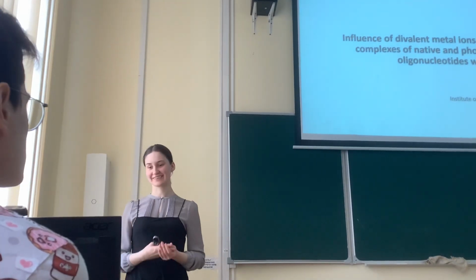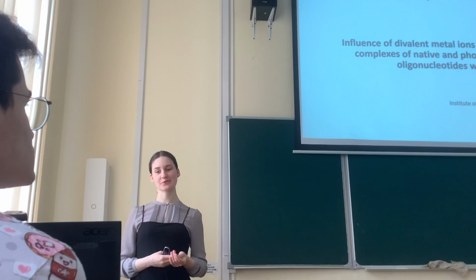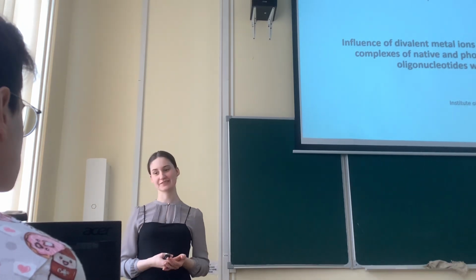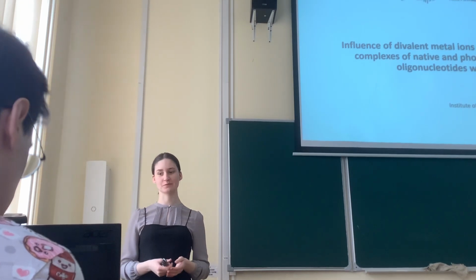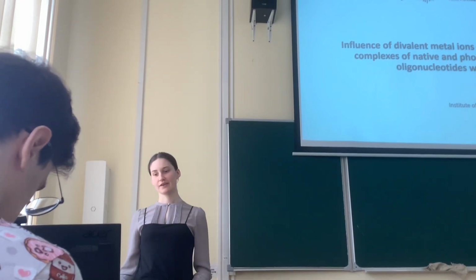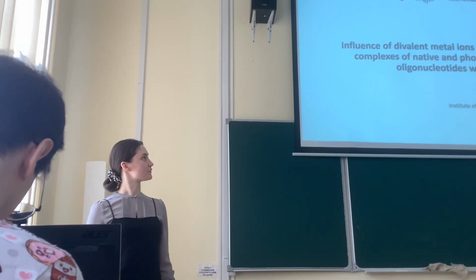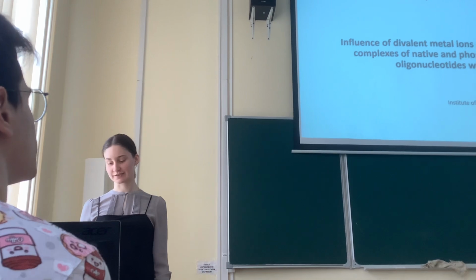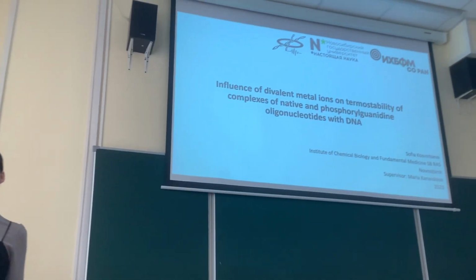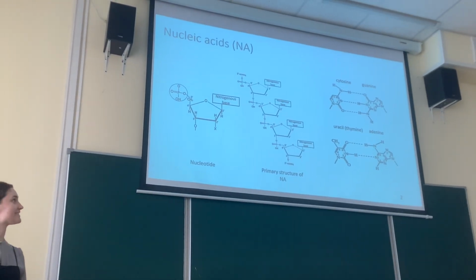I'm Sonia, and in my coursework I study the influence of different ions on thermostability of different types of nucleic acid complexes. So what do we know about nucleic acids?